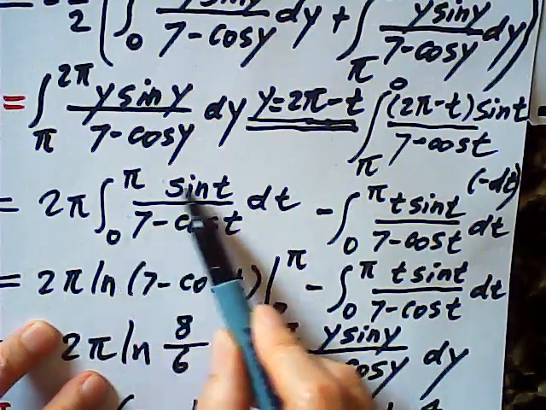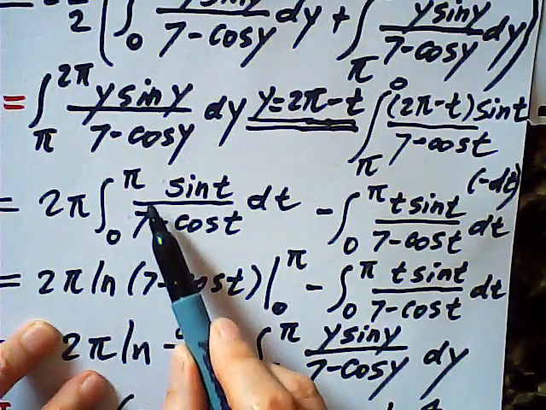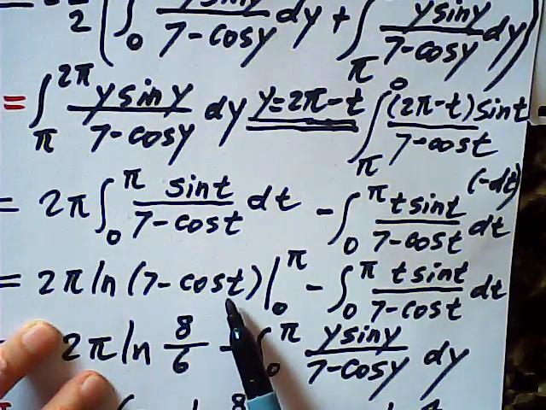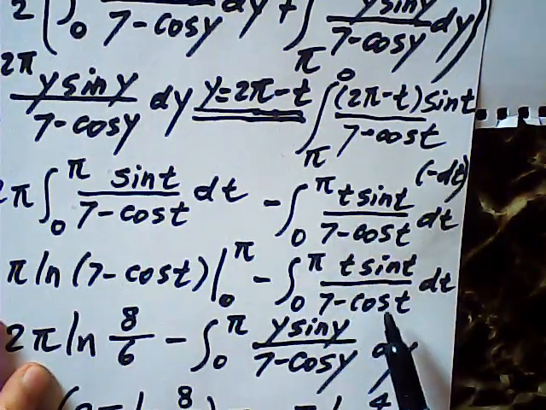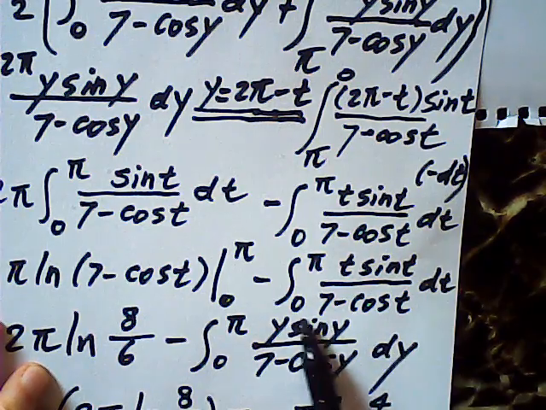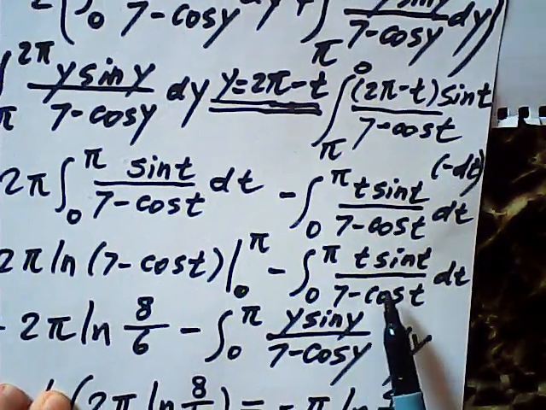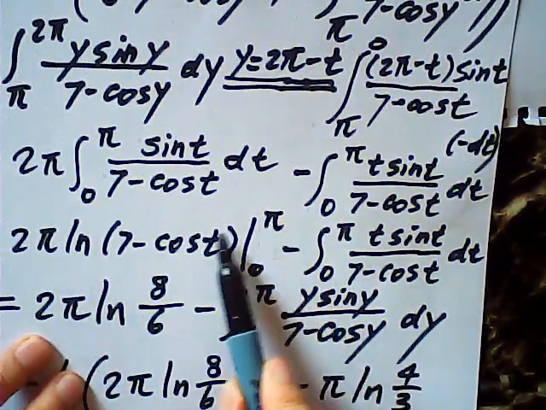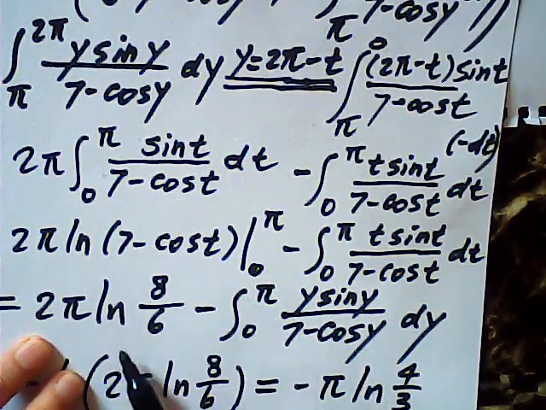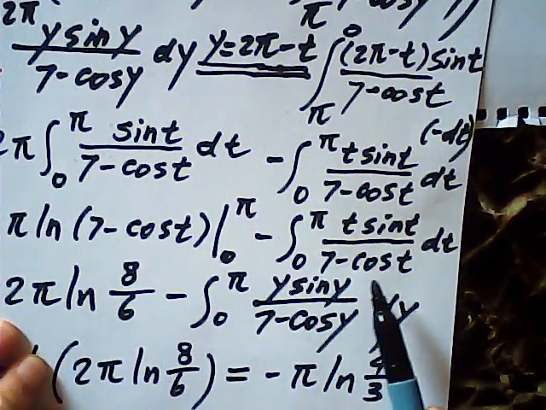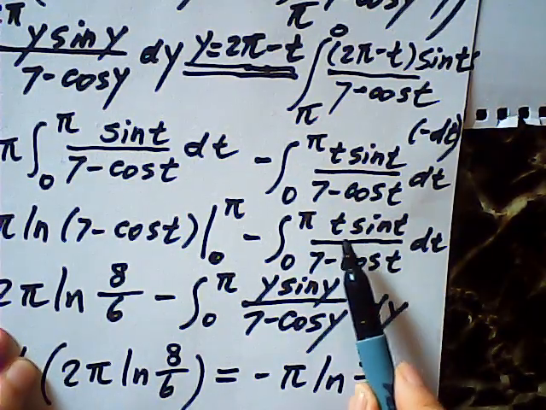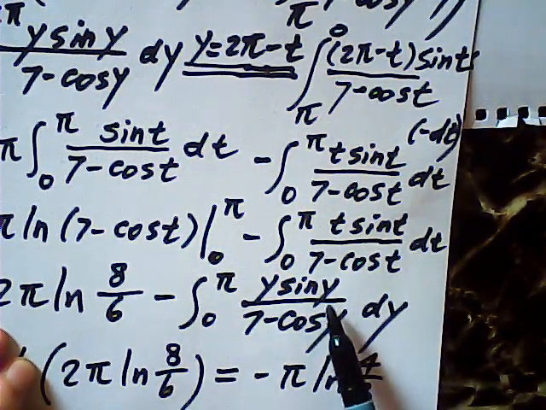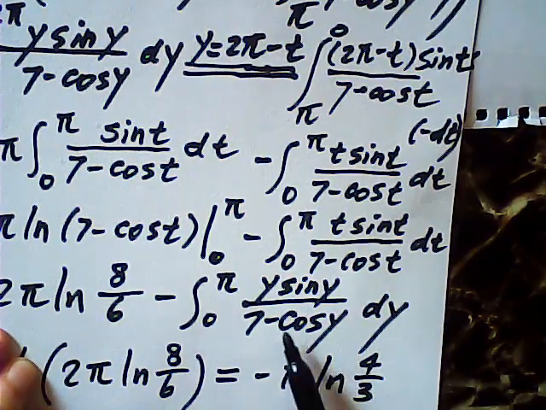And this integral is easy. This integral is a log of 7 minus cosine from 0 to pi. This integral I keep as is. And by substituting pi and t there, you get this. And this, I just write dummy variable t for y.